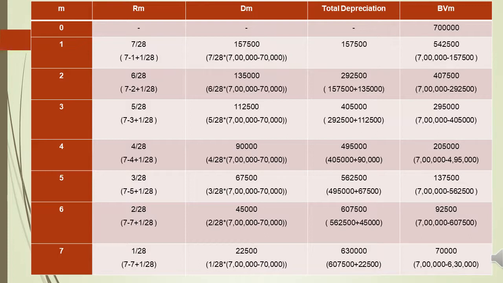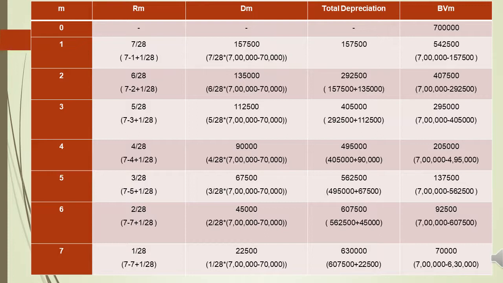My DM answer for the third year will be 112500. Now I am going to calculate DM for the fourth year. So 4 by 28 RM into P minus F, that is 7 lakh minus 70,000. My answer will be 90,000.